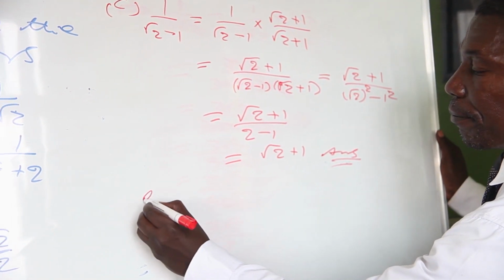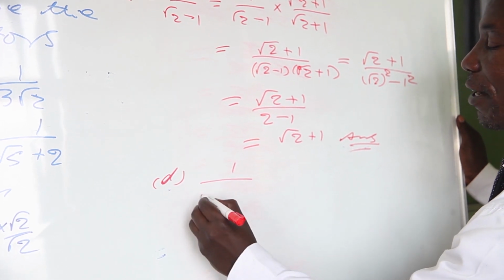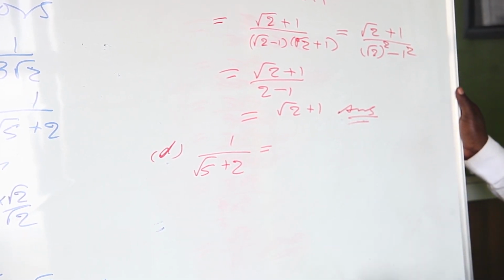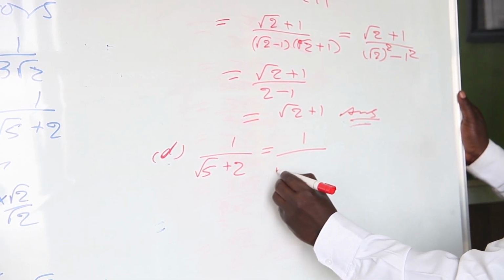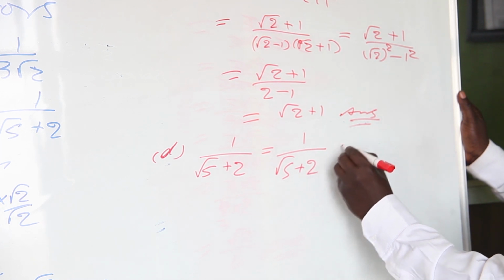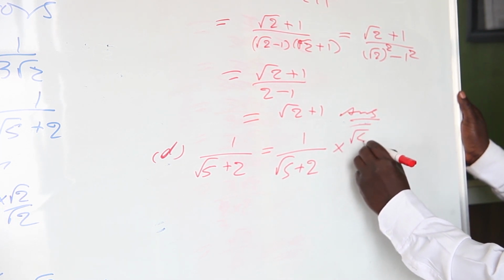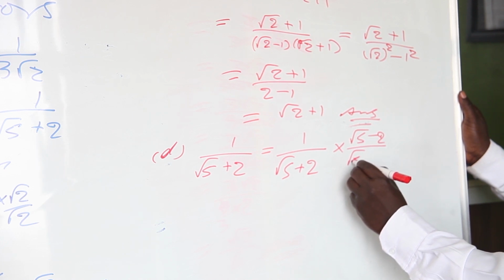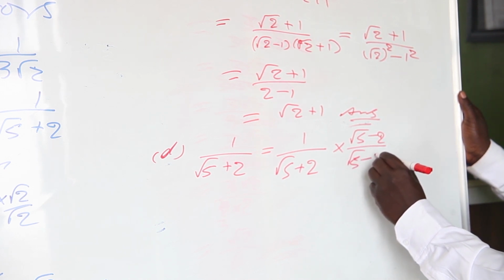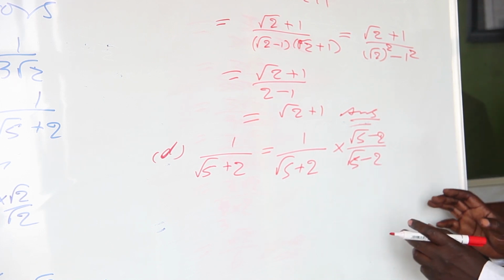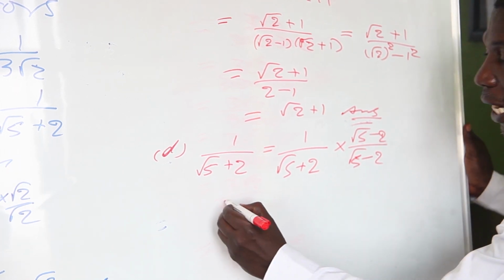Then D, we have 1 over root 5 plus 2. This will equal 1 over root 5 plus 2 times root 5 minus 2 over root 5 minus 2. I have to create a situation whereby I end up with a difference of two squares.